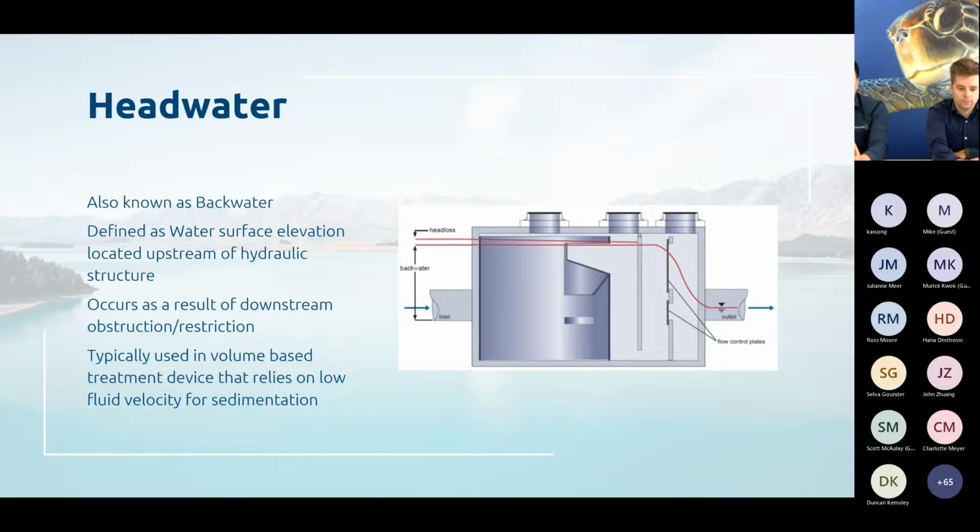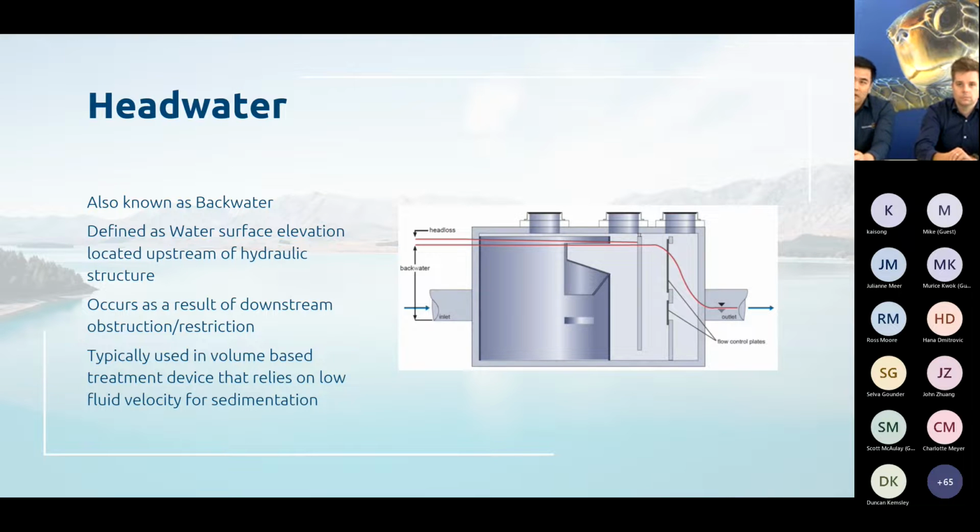Another type of water is the headwater, also known as the backwater. Now, this is the water surface elevation upstream of the hydraulic structure. So this typically happens when there's a downstream restriction, like an orifice or a weir, but it is actually promoted or used by volume-based treatment systems like a pond or wetland that relies on energy dissipation and low velocity for the sedimentation to occur.